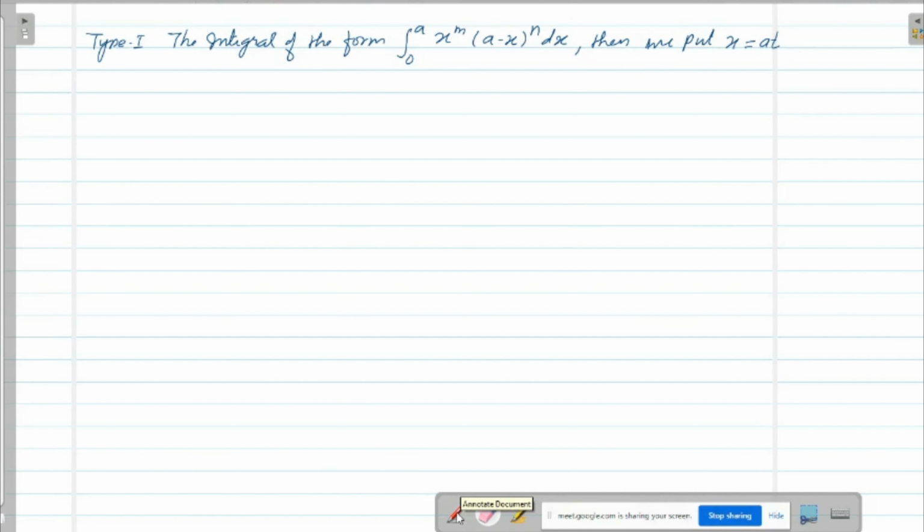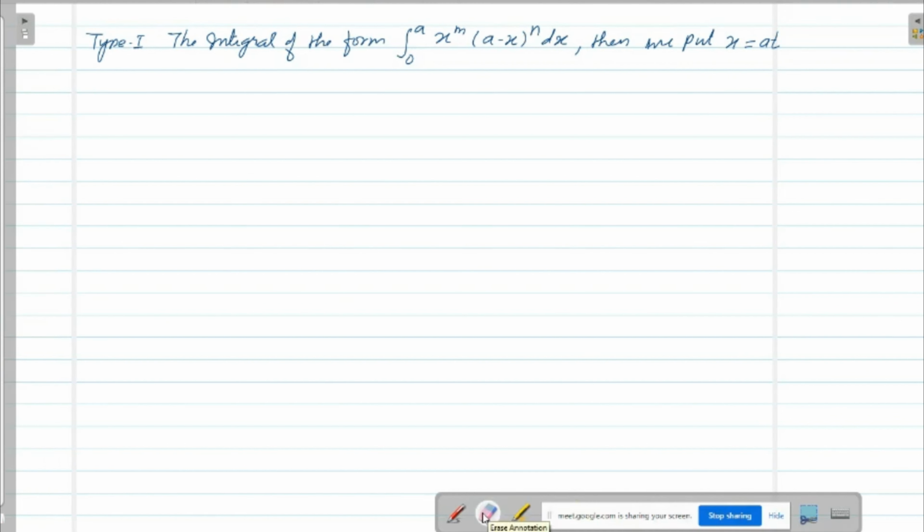Type number 1: the integral of the form integration of limit 0 to a of x raised to m into (a minus x) raised to n dx.